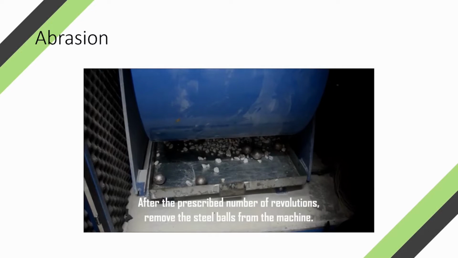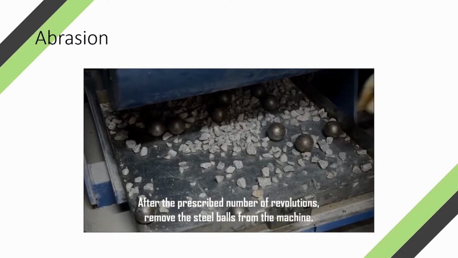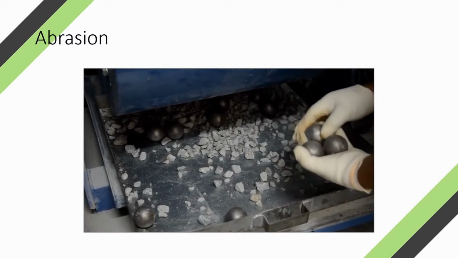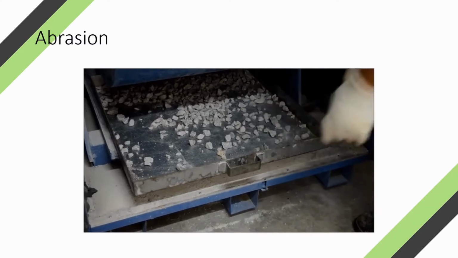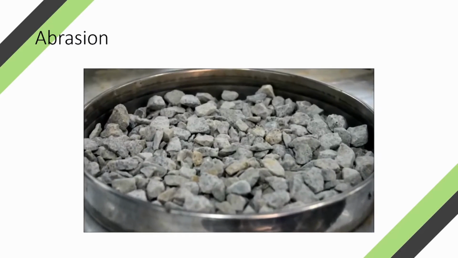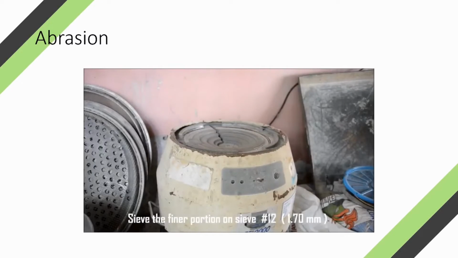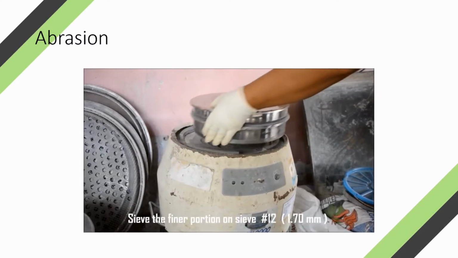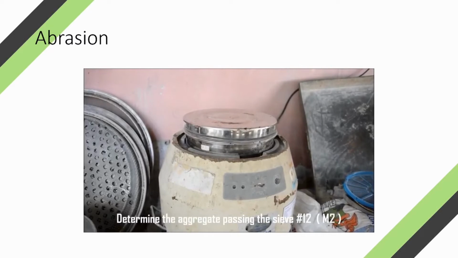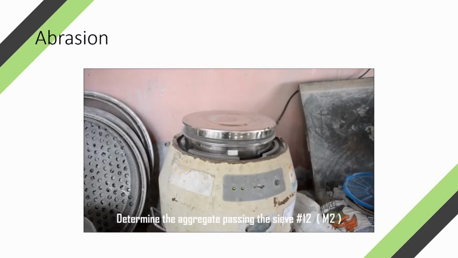After the prescribed number of revolutions, remove the steel balls from the machine. Collect the aggregates. Sieve the finer portion on sieve number 12, 1.70 millimeters. Determine the aggregate passing the sieve number 12, M2.